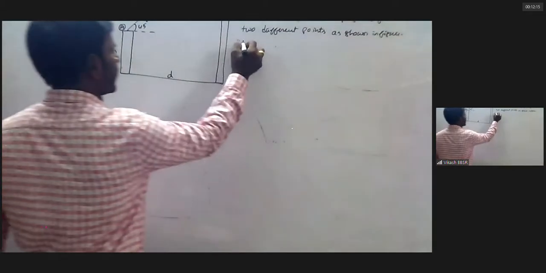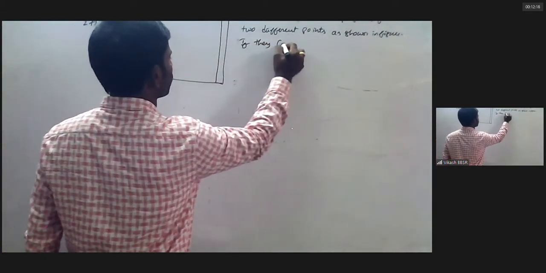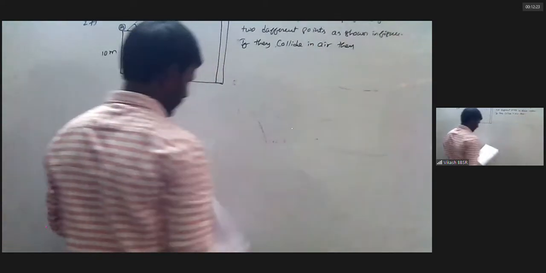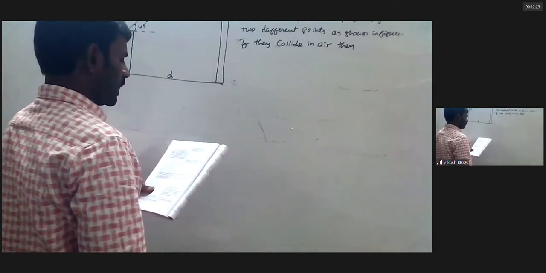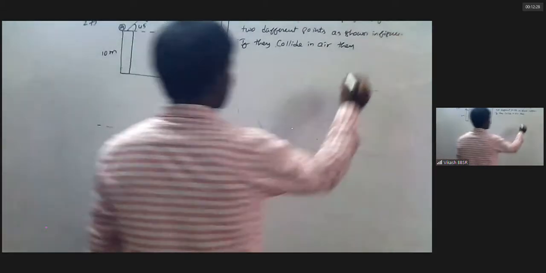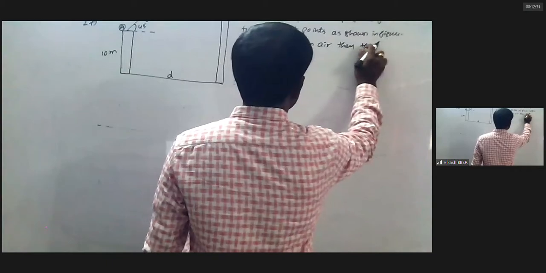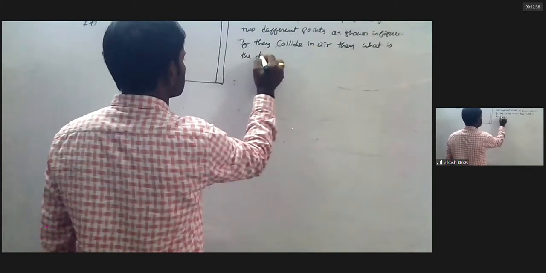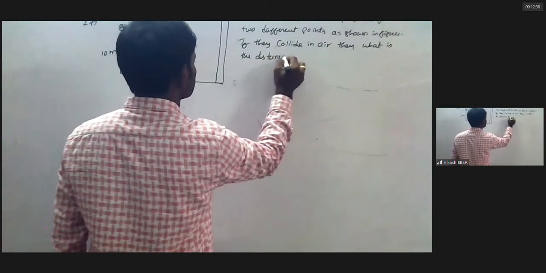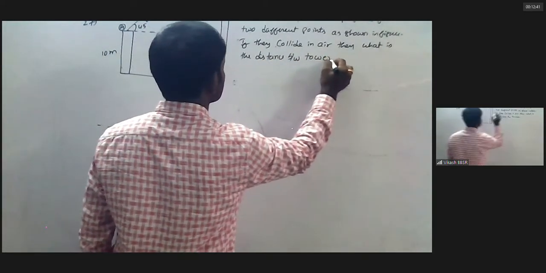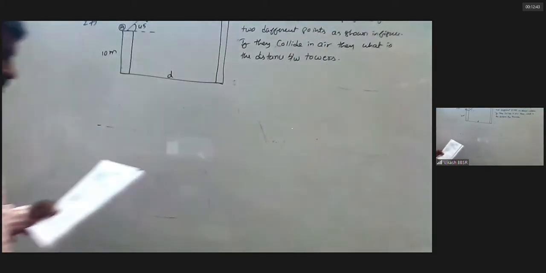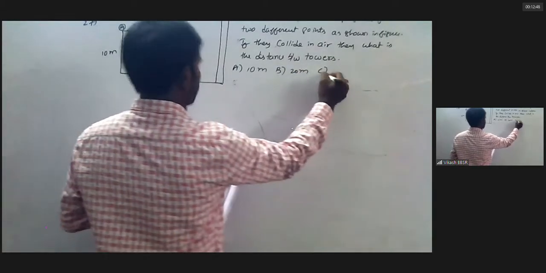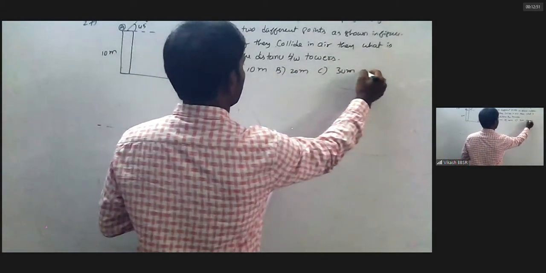If they collide in air, then what is the distance between the towers? What is the distance between towers? Ten, now 20, 30, 40.